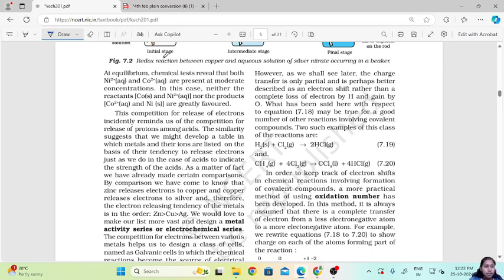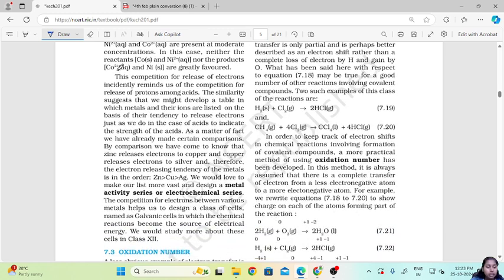Now at equilibrium, chemical tests reveal that both nickel and cobalt are present at moderate concentrations. In this case, neither the reactant nor the product is greatly favored. This competition for release of electrons reminds us of the competition for release of protons amongst acids.